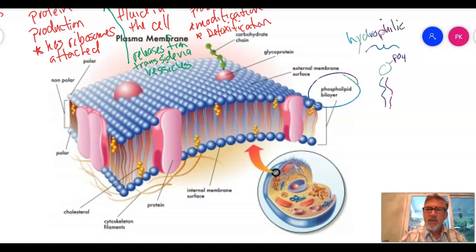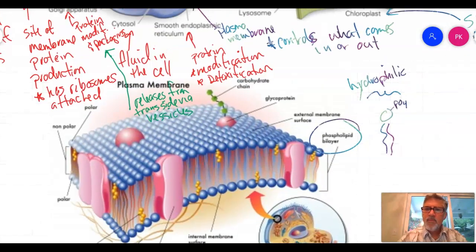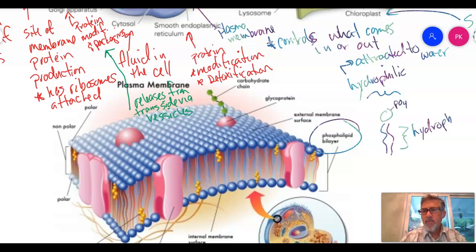So this is attracted to water. And this right here is hydrophobic, which is repelled by water.